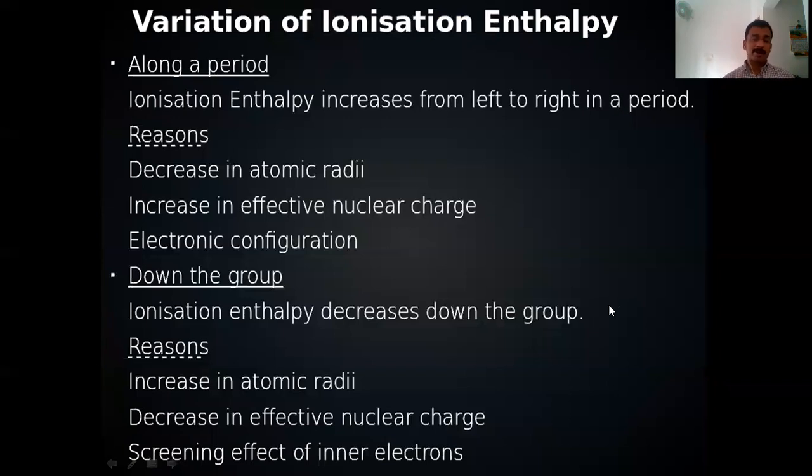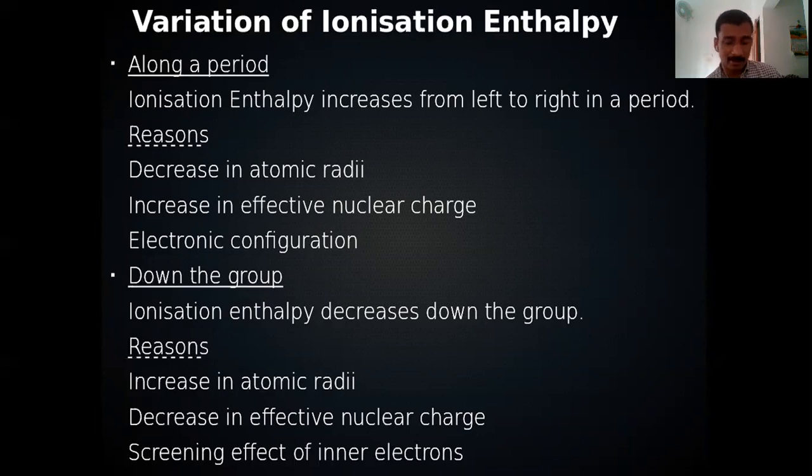So along a period, what is happening? Ionization enthalpy increases from left to right in a period. What are the reasons? Decrease in atomic radius: as we move from left to right, atomic radius decreases. Increase in effective nuclear charge, already we mentioned it. And another cause is electronic configuration.